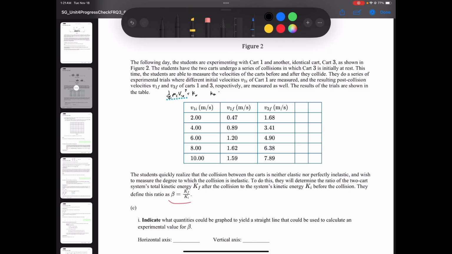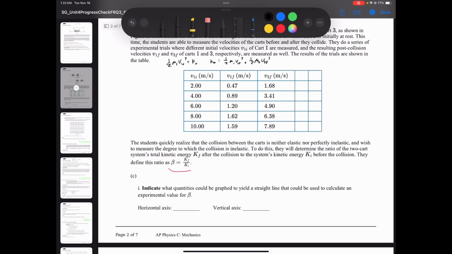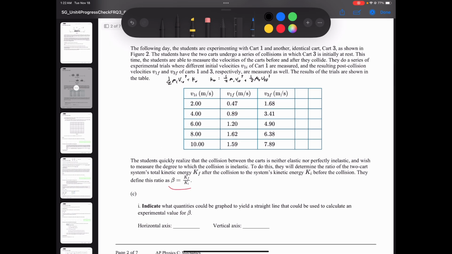And then the final kinetic energy is 1/2 m1 v1f squared plus 1/2 m2 v2f squared. And then the ratio beta is going to be this divided by this, so Kf over K naught. And then you have to set up your variables in such a way that you can experimentally determine beta.